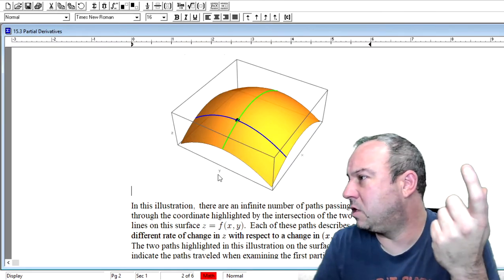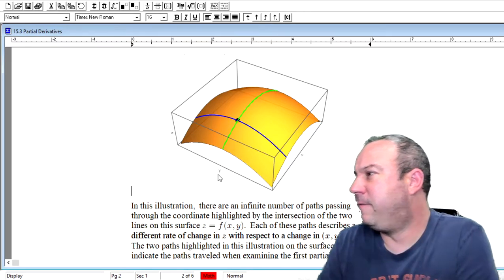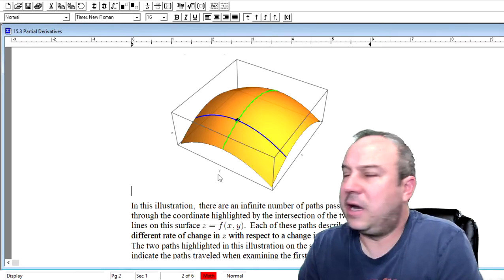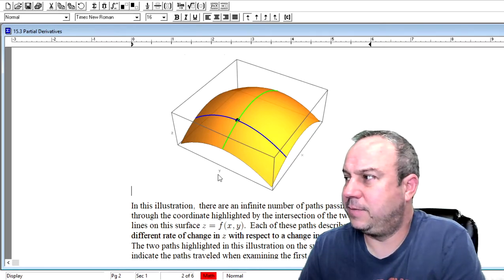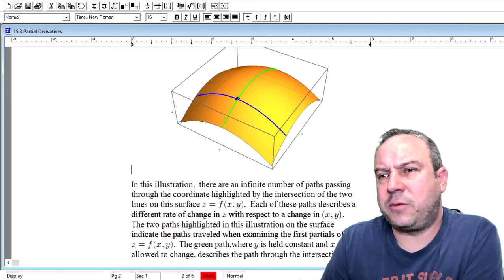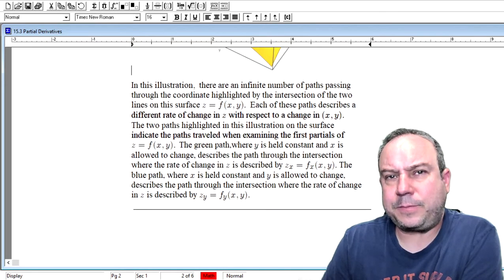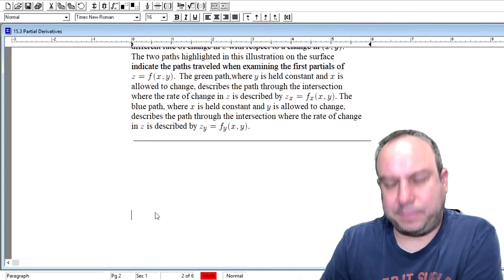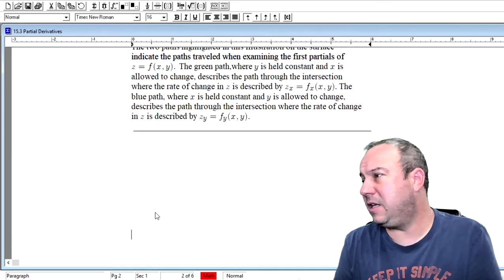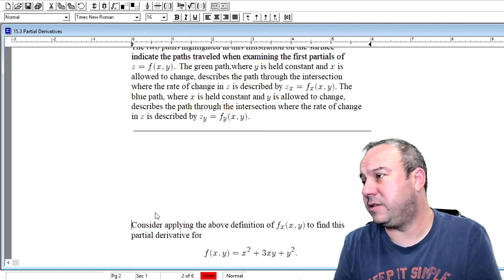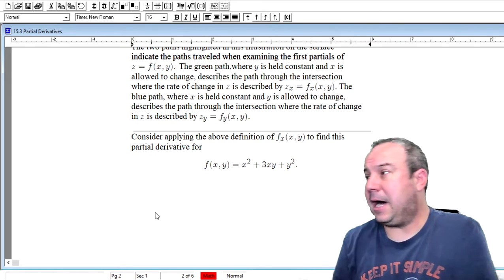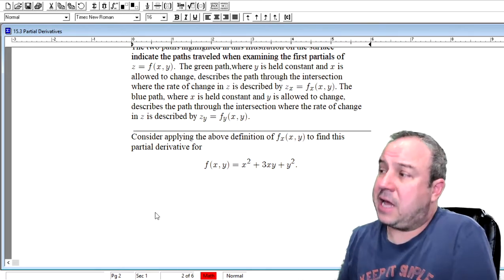Then the partials would correspond to the full derivatives for the curves described by those cross sections. All right. So that's a little bit of the direction that we're heading, folks. But what we want to see is some calculation. To begin with respect to calculation, you can always rely on the limit definition. I wouldn't encourage you to rely on the limit definition.